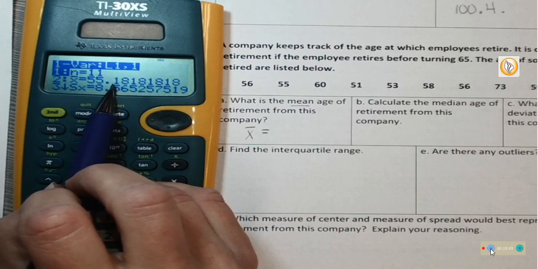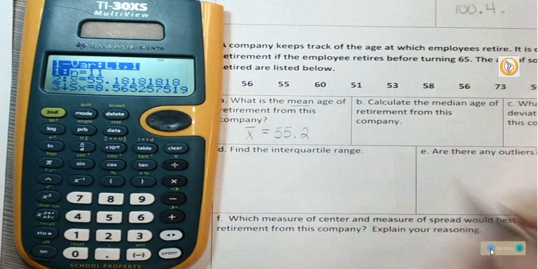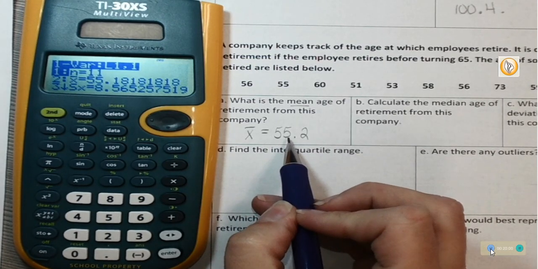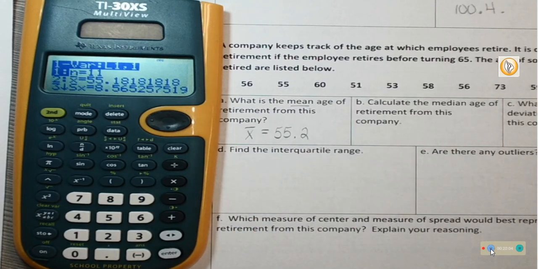What's an 8 going to do to the 1? Make it a 2. If you were looking at a multiple choice test and all of the answers were whole numbers, if I round this to a whole number, what's it going to be? 55. Because most of the time if we talk about what age we're going to retire, we say at 55. Not like 55 and part of a year. Like 2 months. Yeah, something like that.